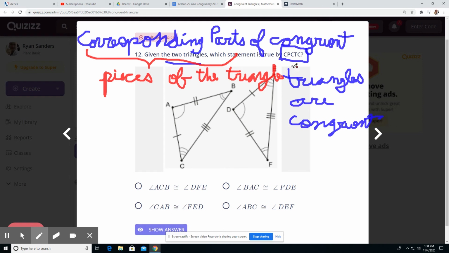So if the triangles are congruent, then their pieces are congruent. So pieces of the triangles are the same if the triangles are the same. Okay?